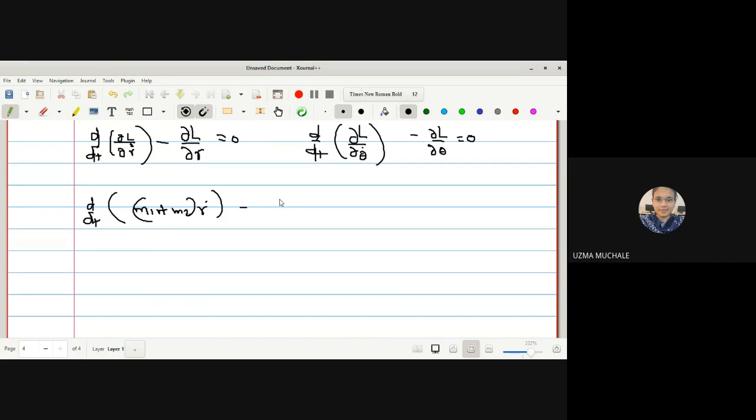Okay, so what is the term? m1 theta dot square into r. Again, differentiate this with respect to r. So again minus minus becomes plus m2g.